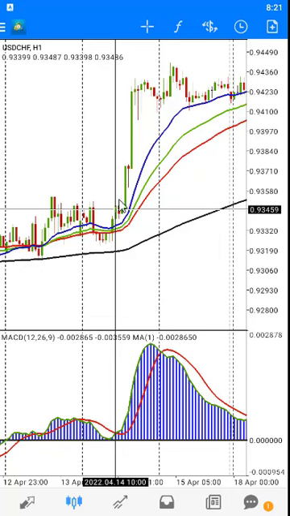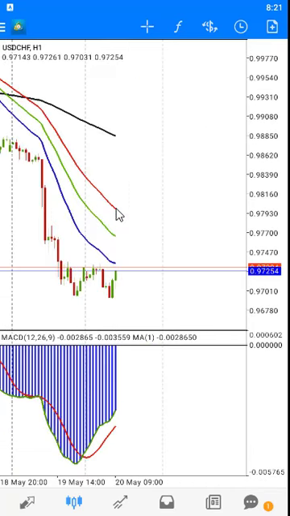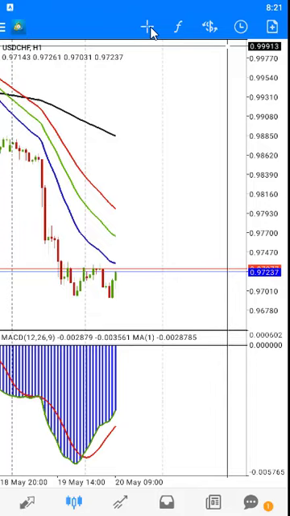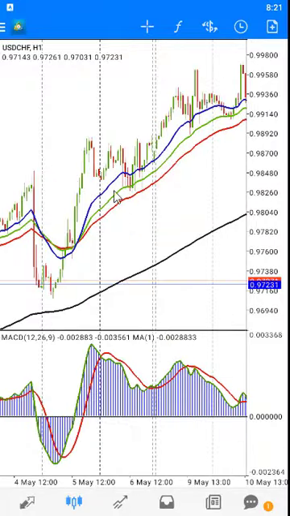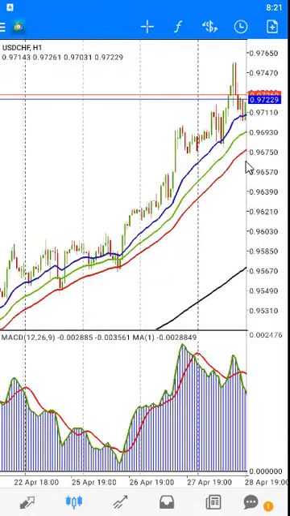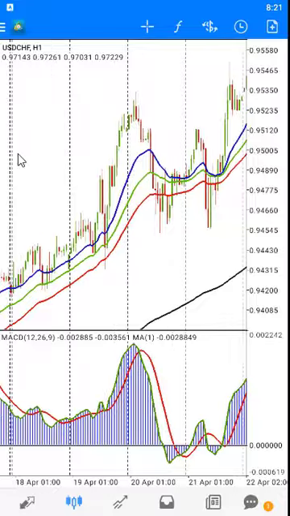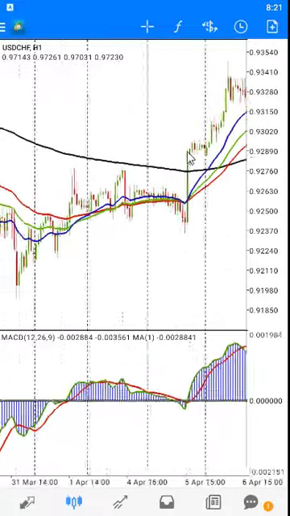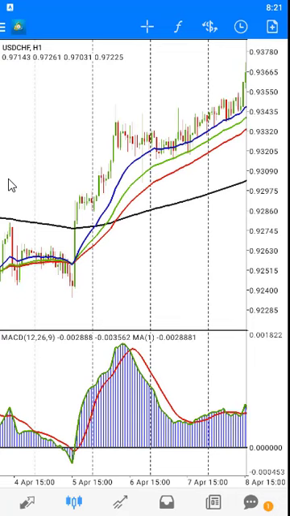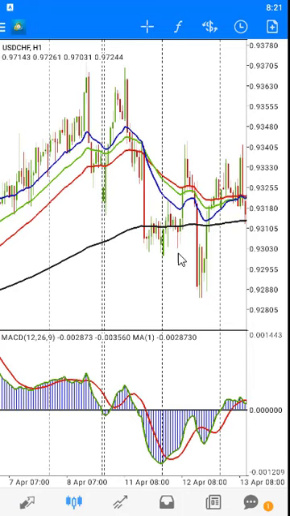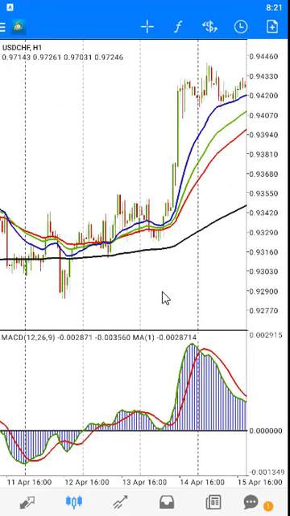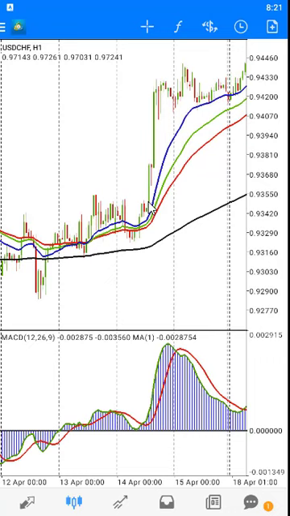Can you see that? Now, if you buy at this point, your stop loss, oh, it went back again. So let me go back to where we were. We're here, please. If you buy at this point, your stop loss is going to be below the 200 period moving average.